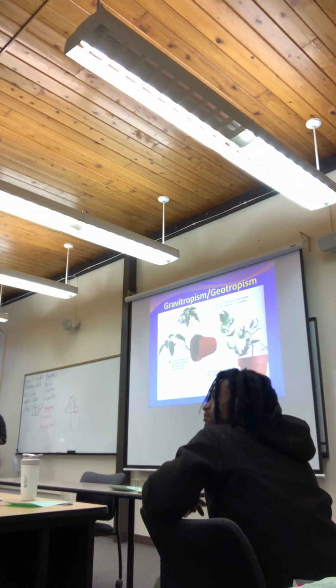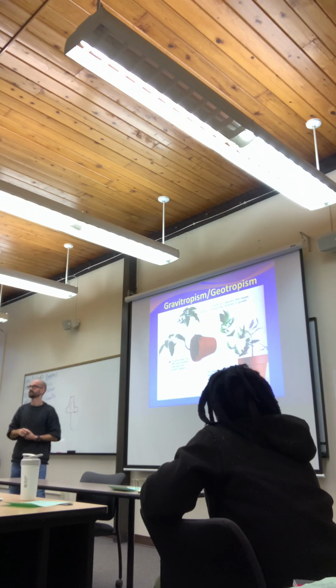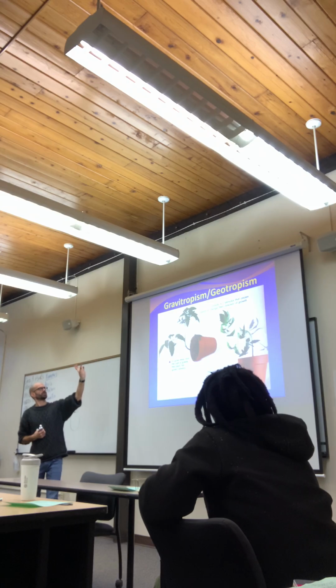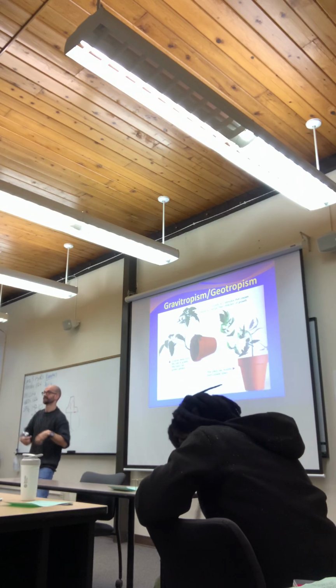Julian, was there a hand back? Yeah, I just wanted to be clear, it's not just sun, gravity is an actual stimulus. Gravity is the stimulus, yes. Geotropism has that name because of the Earth, it's like the pull, right? The gravity of the center of the Earth, everything is being drawn there, and that's the stimulus.